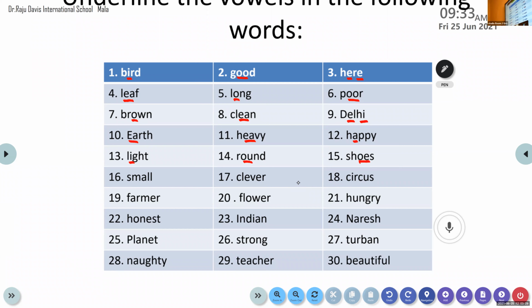S-M-A-L-L. How do we pronounce the word? It is small.